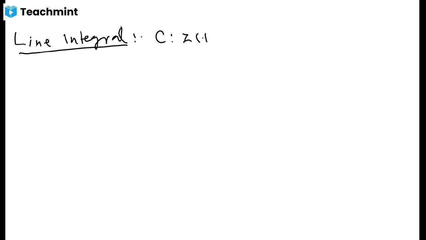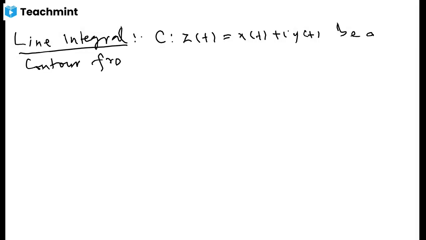So the setting has to be like this. For the definition of a line integral, we have a contour C. Let us designate its initial and terminal point, and we suppose that it is a contour from the point alpha, the initial point, to another point beta, which is the image of b.